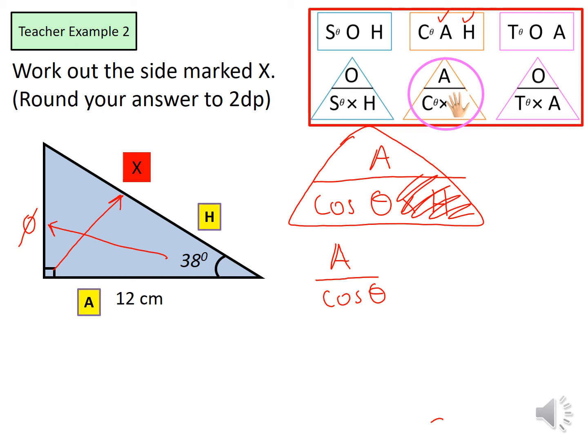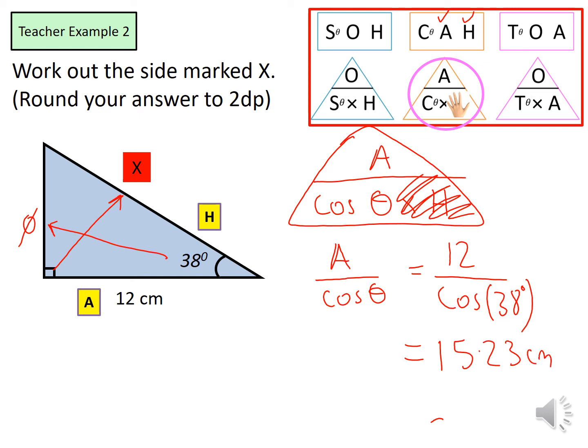Now you can substitute in your values. Adjacent is 12 centimeters, over cos theta. My angle is 38 degrees. You put that into your calculator and you should get an answer of 15.23 centimeters to 2 decimal places.